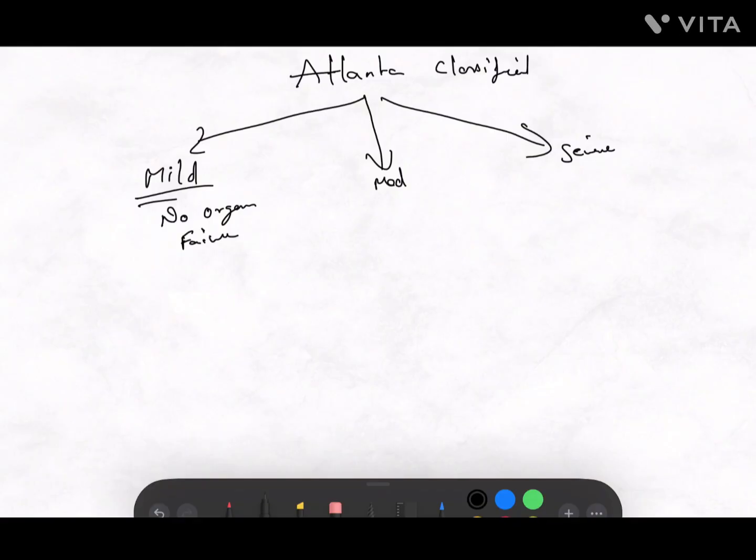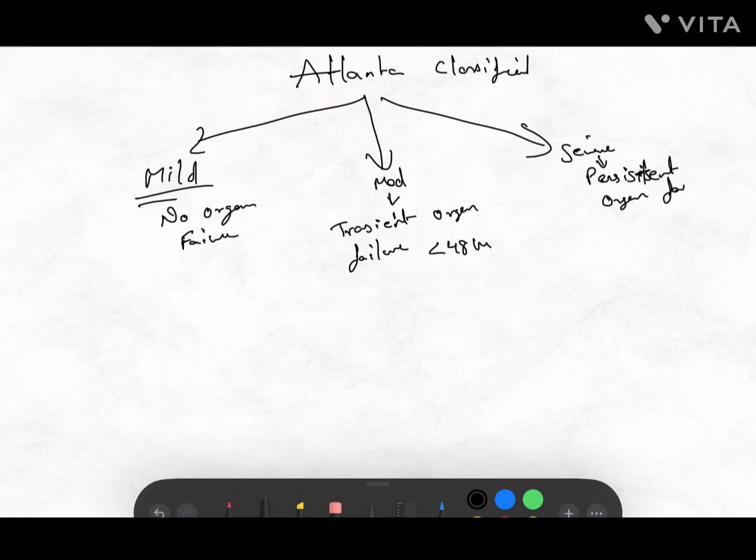In moderate cases we can see transient organ failure, but the patient is not that severe because in less than 48 hours the patient will get back to normal. Next, in severe cases, we can see persistent organ failure, greater than 48 hours, okay.